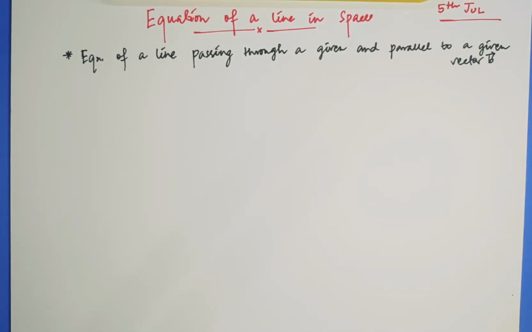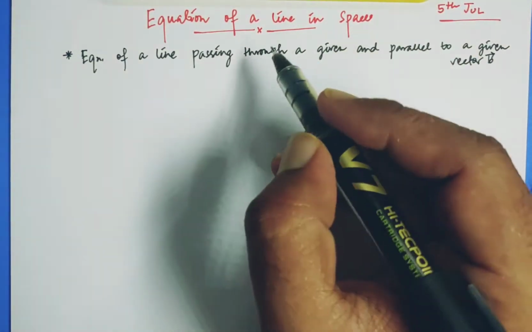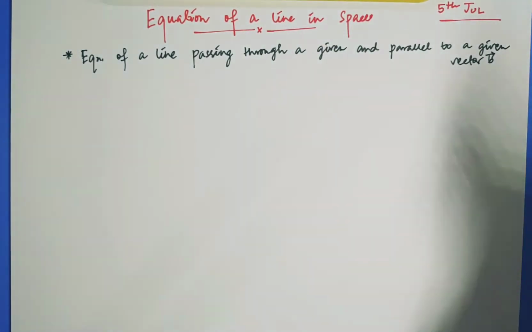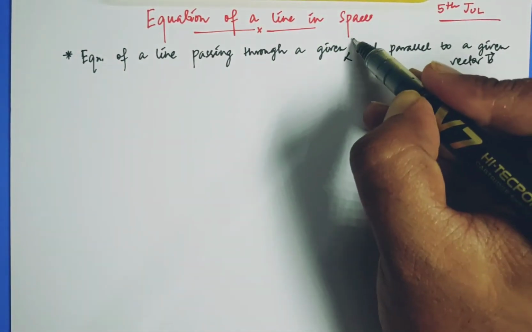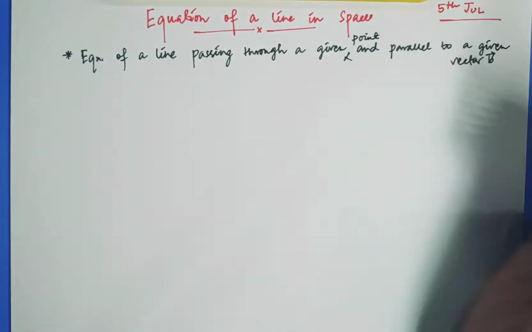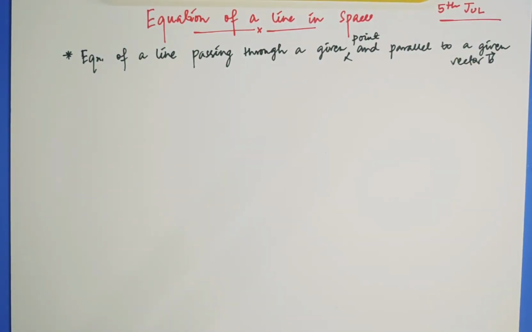So we will learn how to find the equation of such a line, where a point through which the line passes is given and a vector parallel to the line is given.